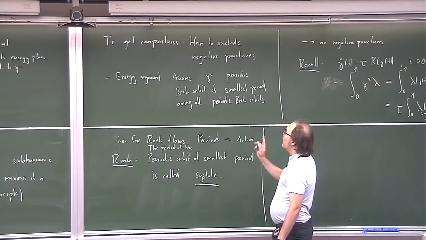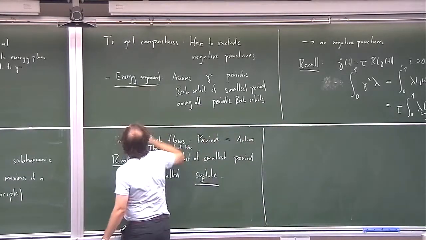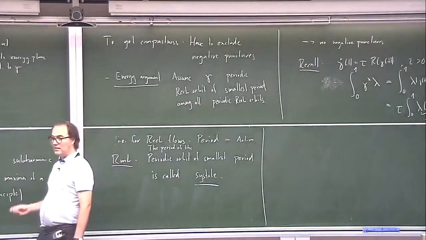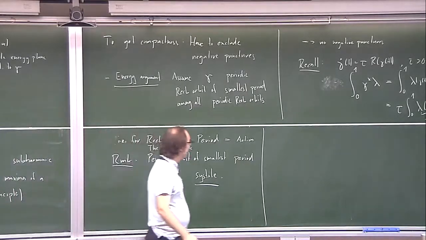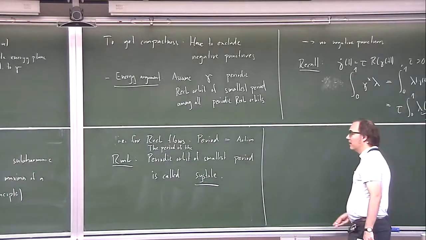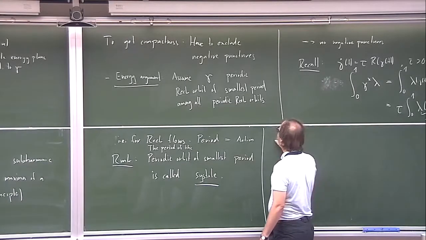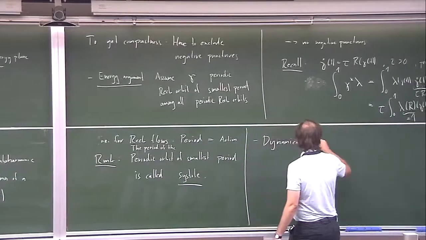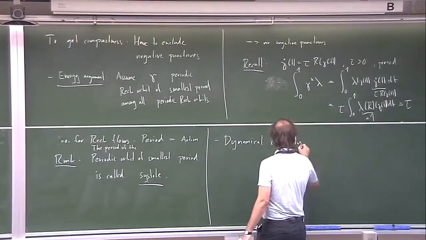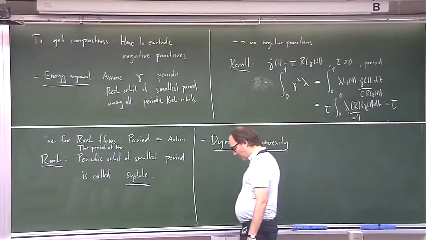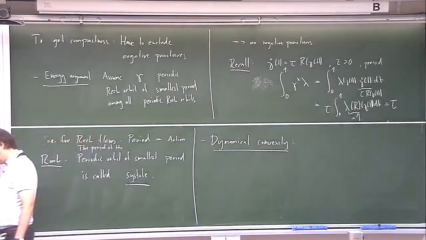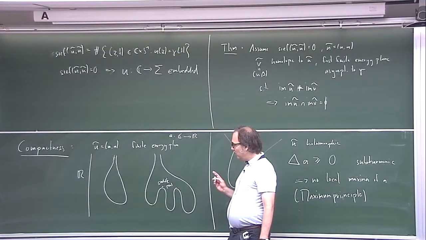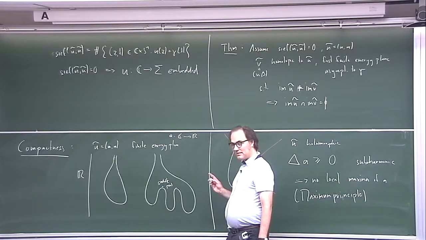Okay, so that's one way to get compactness: if this binding orbit, this asymptotic orbit, is the systole. And the other one is dynamical convexity. This dynamical convexity is again some kind of automatic transversality result.